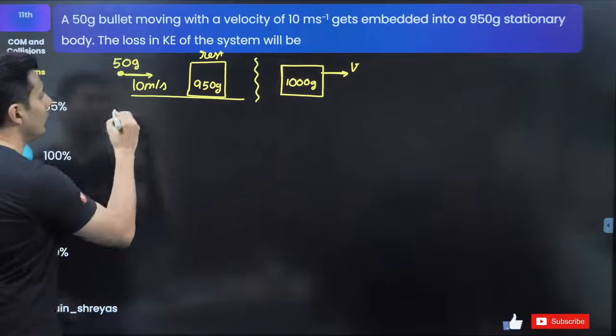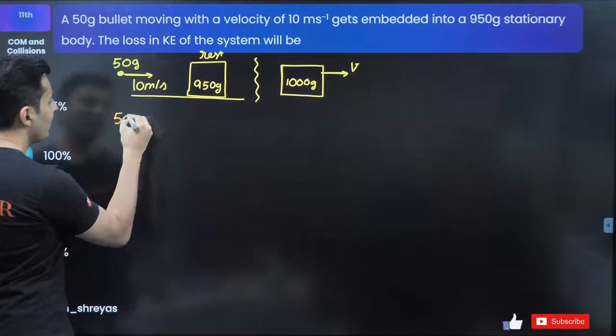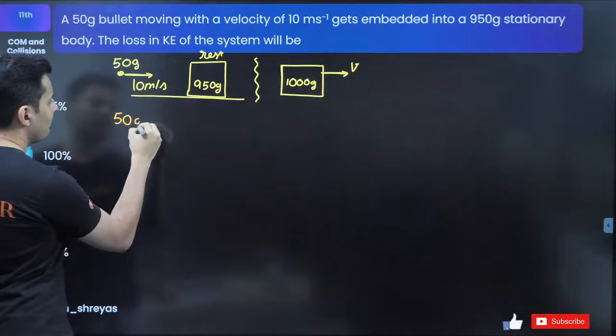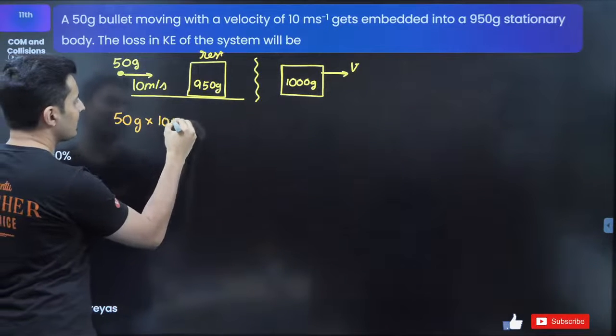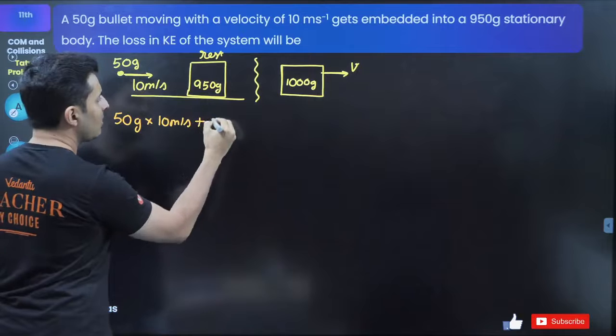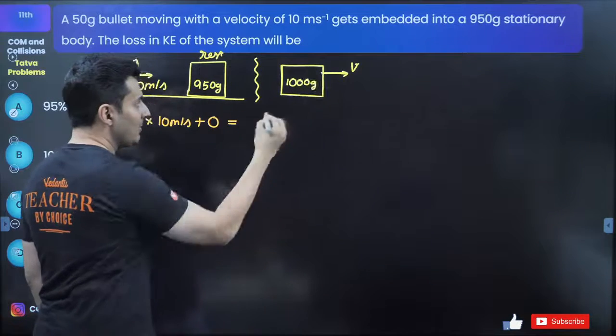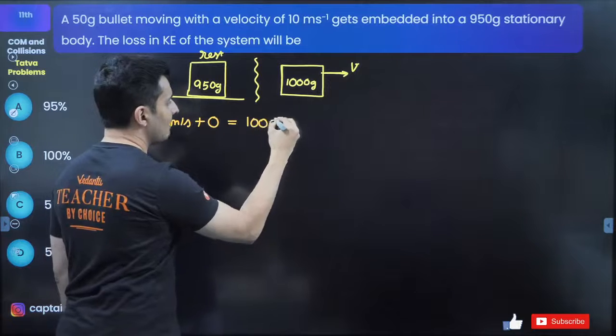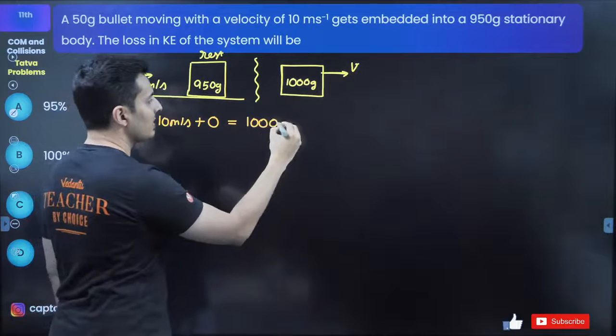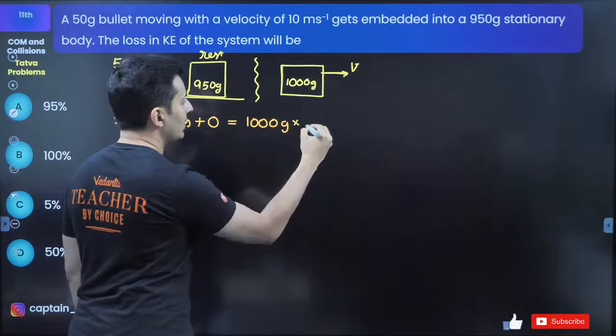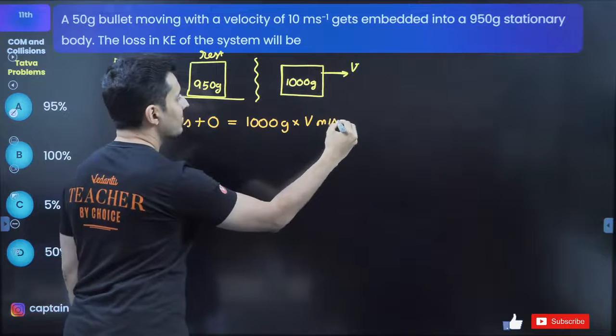So the initial momentum, mass into velocity: 50 into 10 meters per second. The other block is at rest, so 0, is equal to the final mass, 1000 grams because 950 plus 50 is 1000 grams, into velocity. This will also be in meters per second.